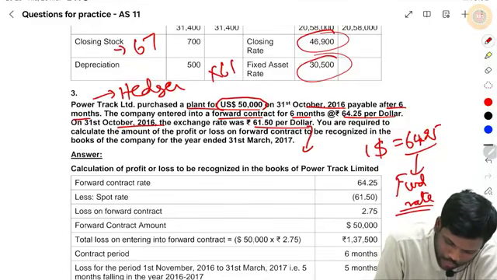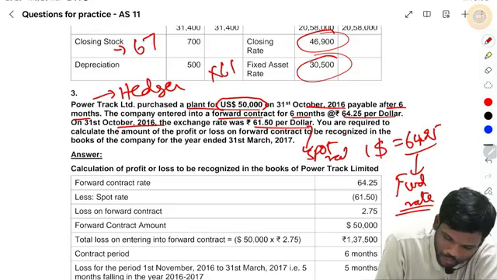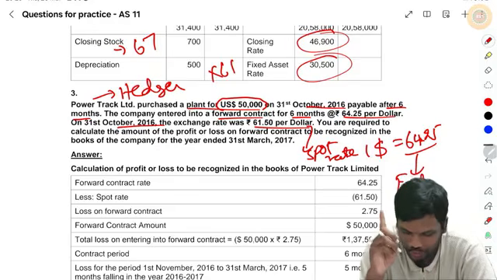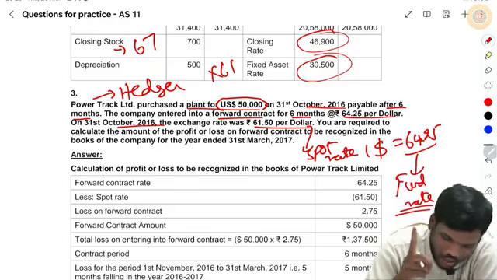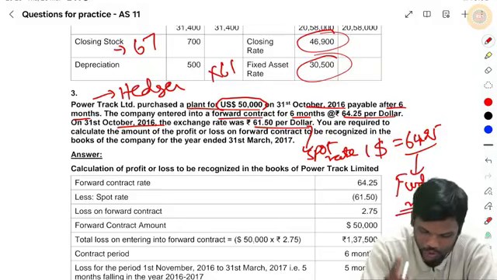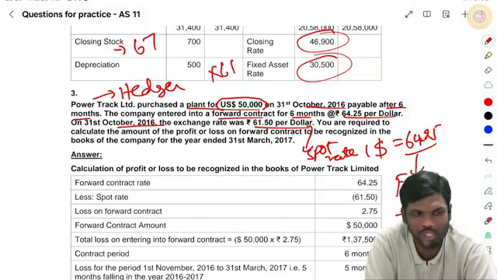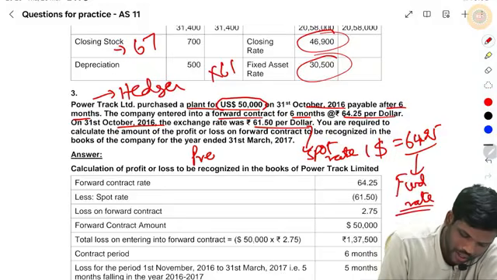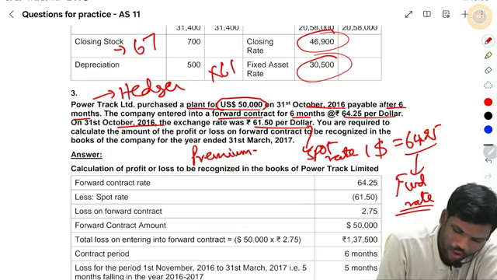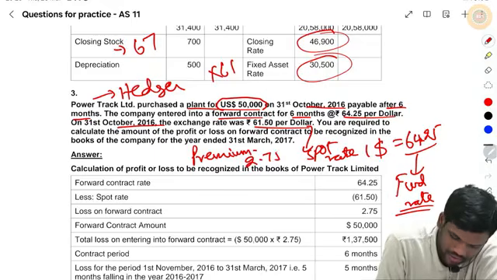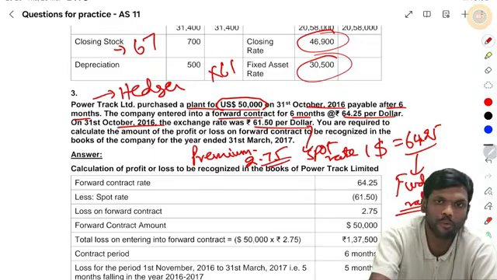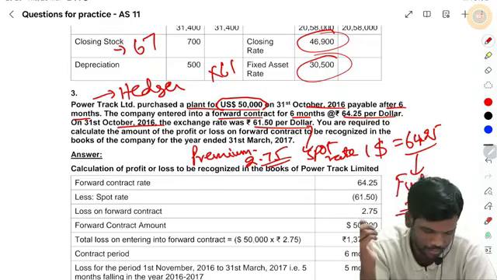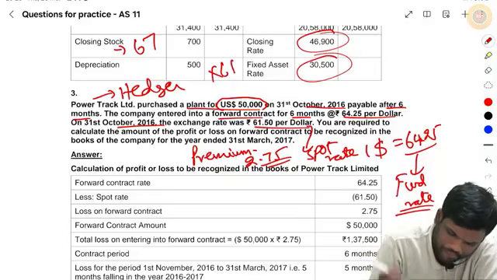So this is the spot rate. The forward rate is 64.25, your spot rate is 61.5, so your forward rate is more than the spot rate. You have a premium of, if my calculation is right, 2.75 per dollar, 64.25 minus 61.5. Now what is the question asking?